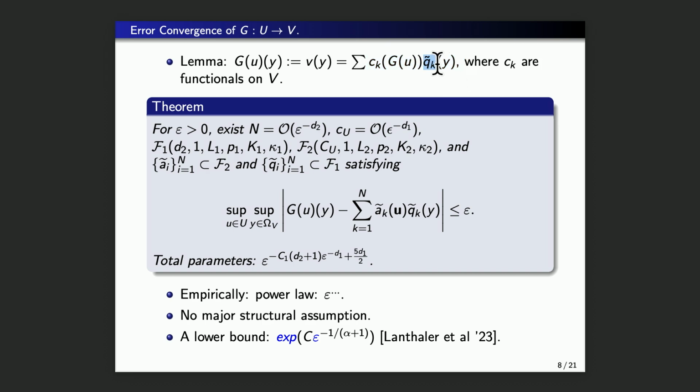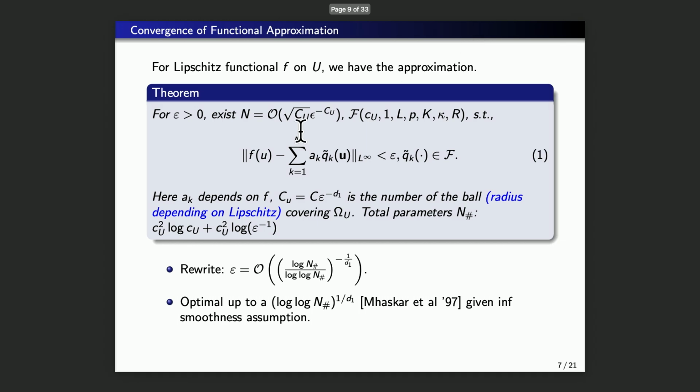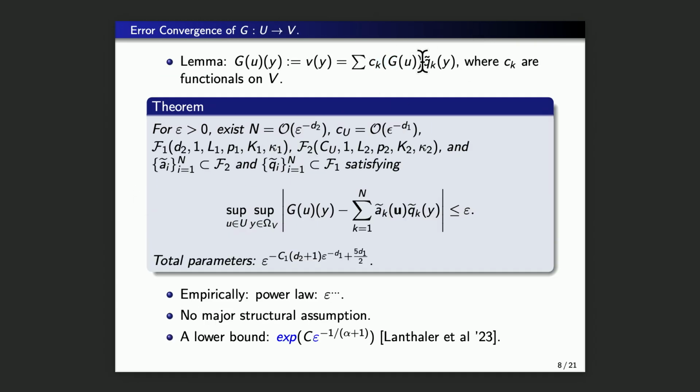Here QK again is the neural network structure, and CK is some functional. Since CK is a functional and G is an operator, CK composed with G is another functional. That means we can use the functional results to approximate this functional, and for QK, we can construct it using a neural network easily.